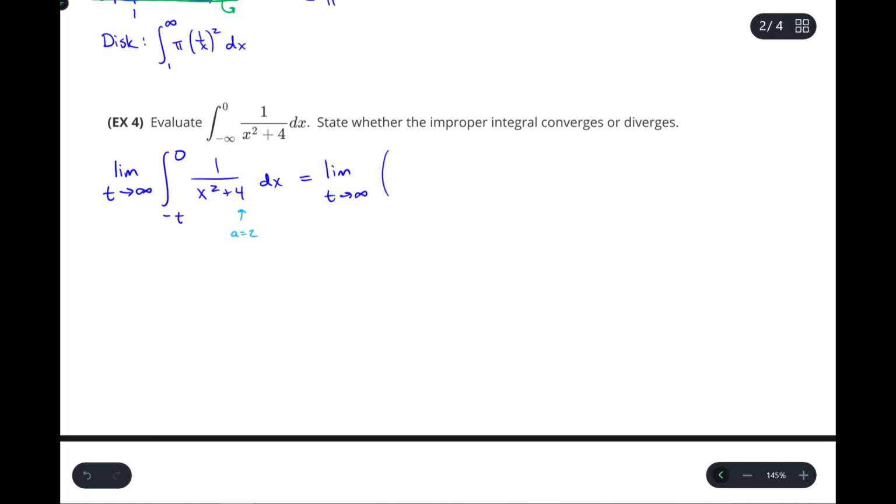All right, so it's 1 over a, so it's actually 1/2 times the arctangent. And then it's x over a, because it's always the function u over a. Well, a would be 2 in this case.